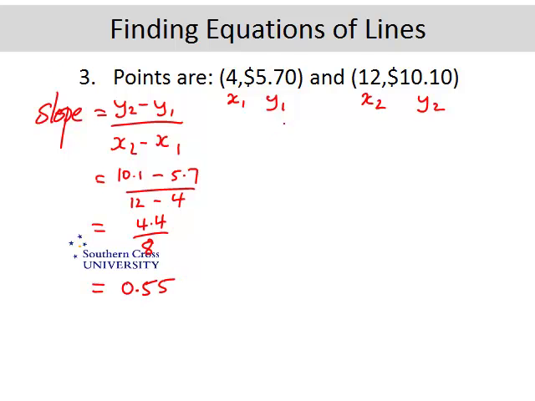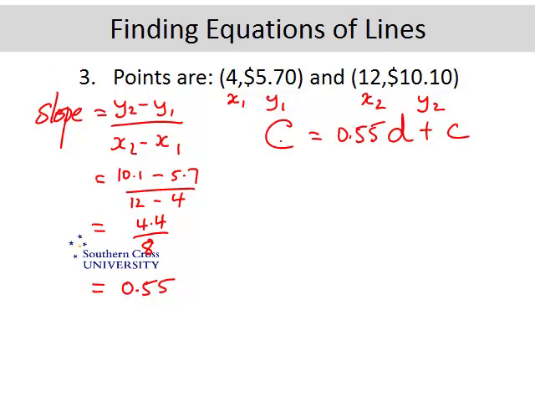So far we know that the equation for the charge is 0.55 times the x-coordinate, which was distance, plus c, the y-intercept. So we're going to choose one of these points to substitute in to work out what the y-intercept is, because after all, if you put 4 into this equation, you should get 5.7.